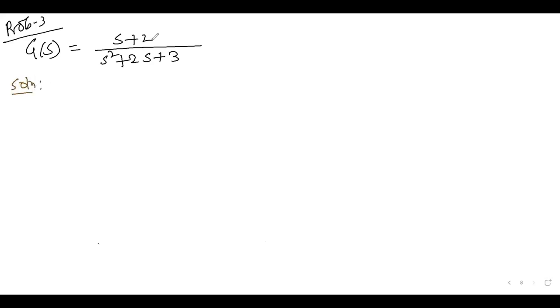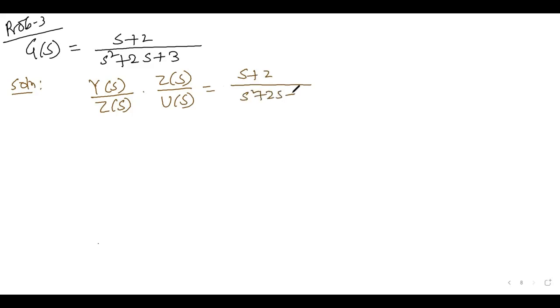The system has a zero. That means we have to consider a third variable. So Y(s) by Z(s) into Z(s) by U(s) is equal to s plus 2 by s square plus 2s plus 3. This is nothing but output by input.